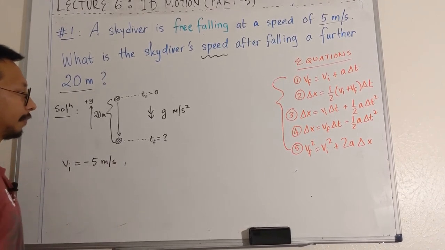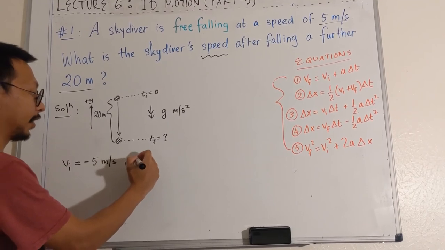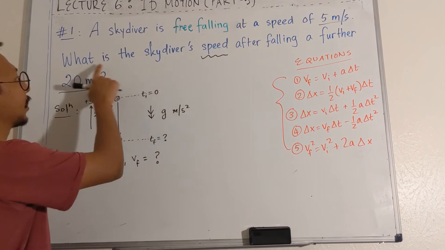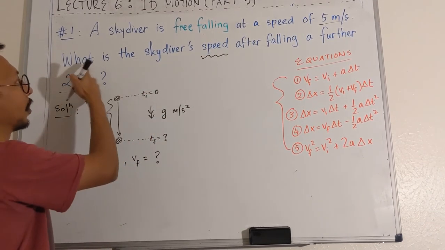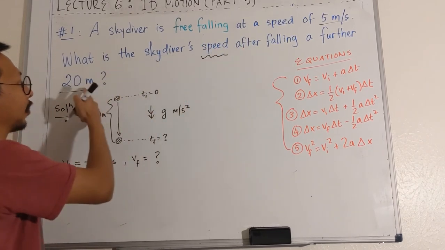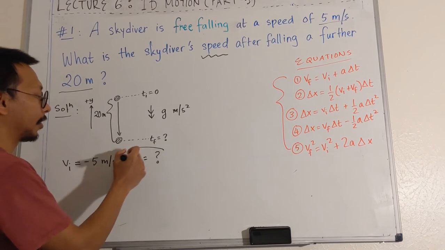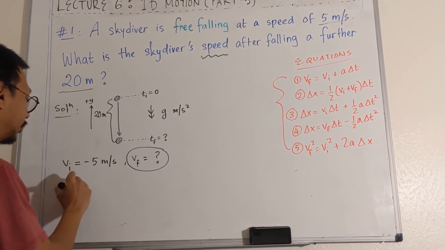What else do we have? Do we have the final velocity? No, we don't. We actually want to find the final velocity. We want to find the speed of the skydiver after falling 20 meters. So this is our target variable. What else do we have? We have the displacement given to us.